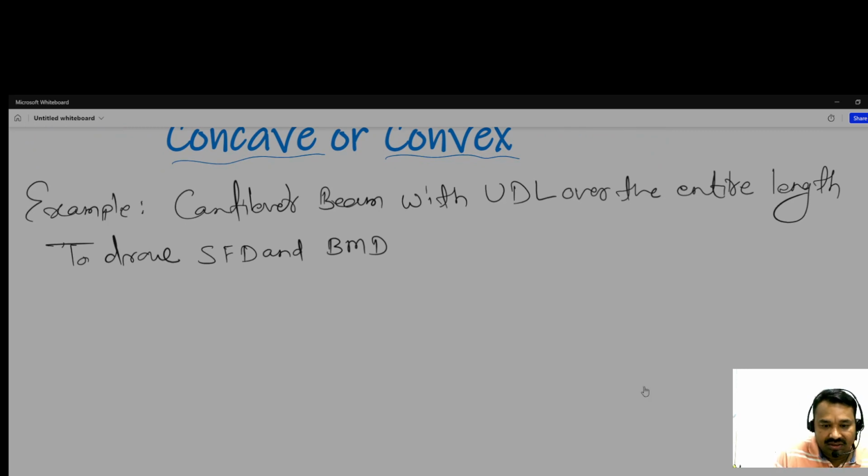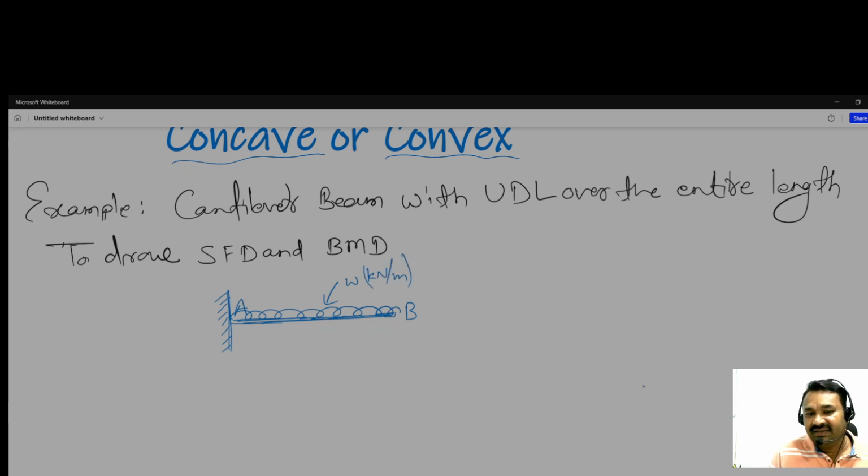So this is our beam, fixed at one end and free at the other end. This end I'm naming A, and this end B. The load is UDL, with intensity w kilonewton per meter.